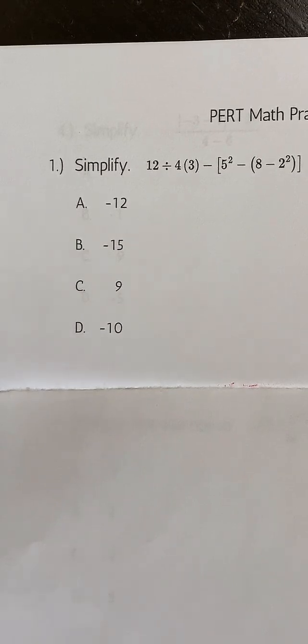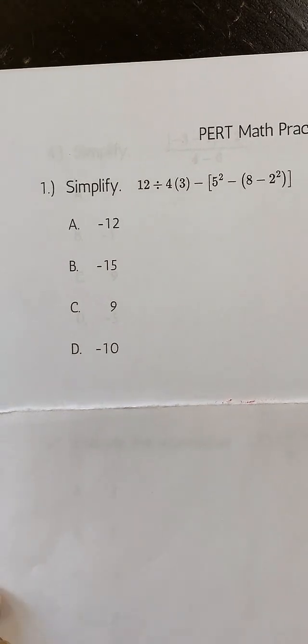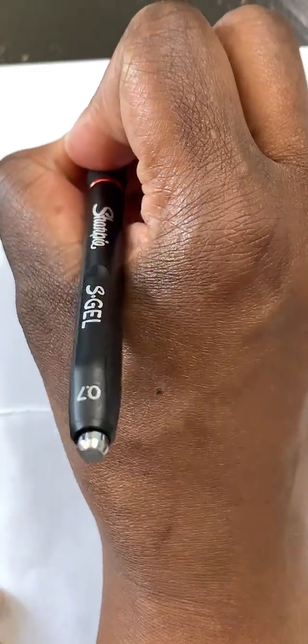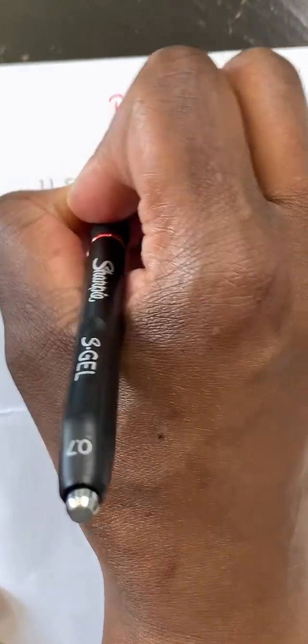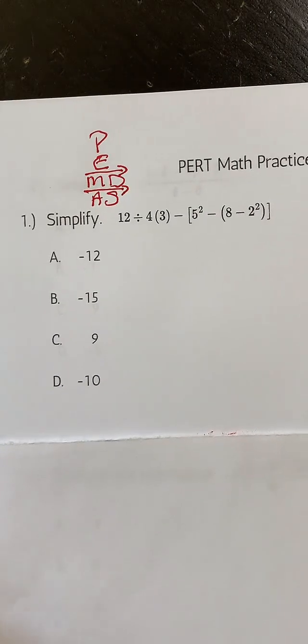All right, okay. So let's take a look. We need to break it down. Don't forget our Please Excuse My Dear Aunt Sally, from left to right. Everything has an operation, everything has a process.